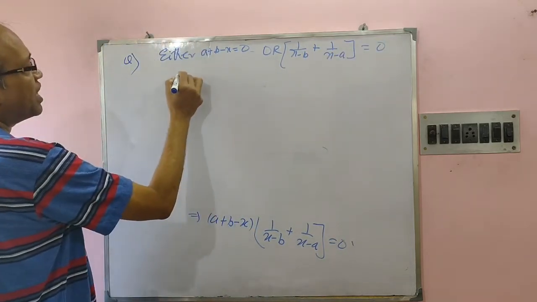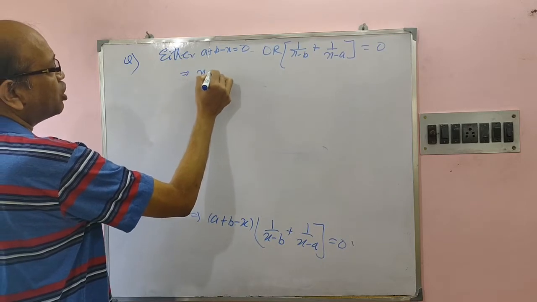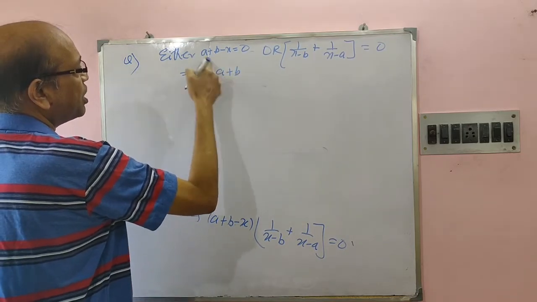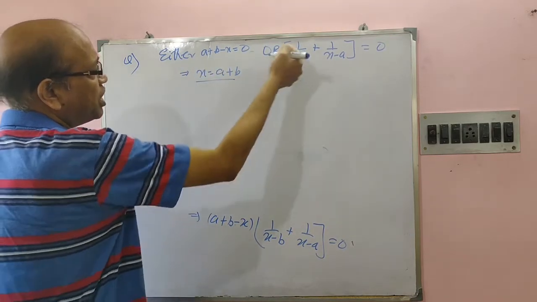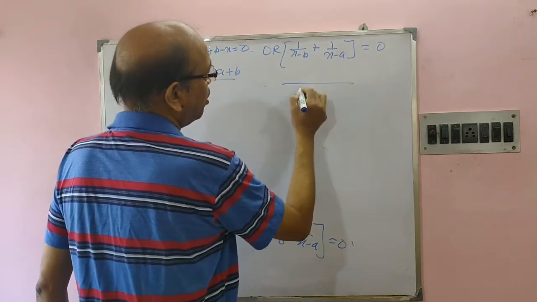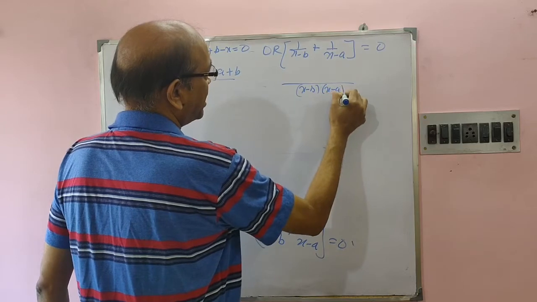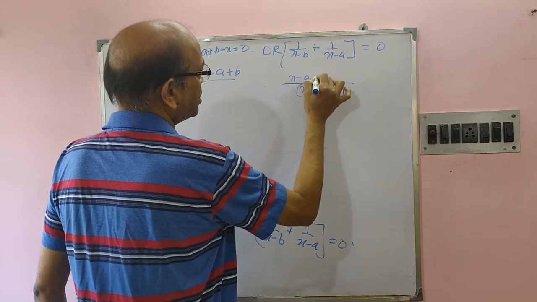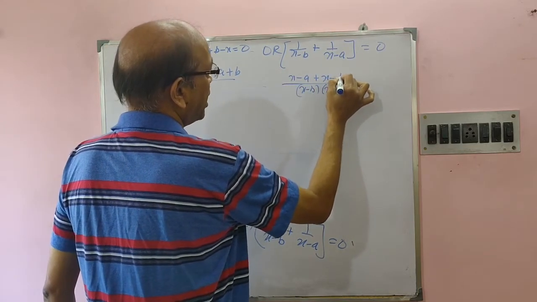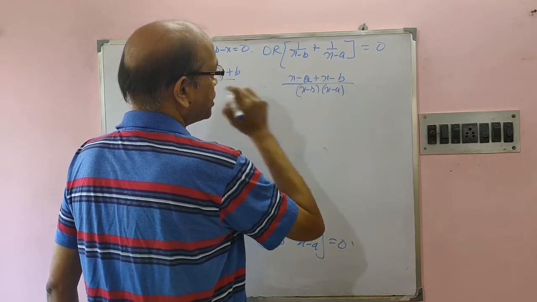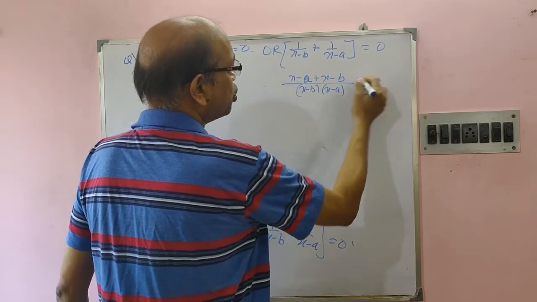In this case x equals a plus b. In this case again we will have to solve the denominator as x minus b into x minus a. This will become x minus a plus x minus b equals 0.